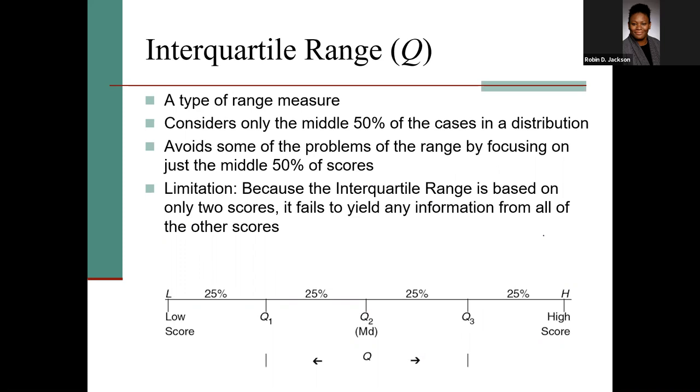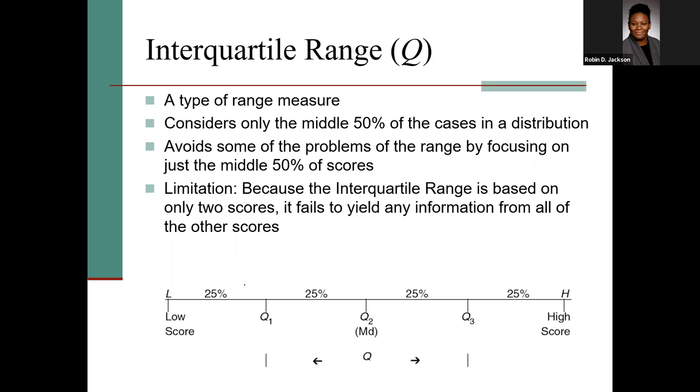Okay, so interquartile range, basically, it's a measure of range that divides the data set into quartiles, and that's what we have going on here. We have these different quartiles that section off the data set. Interquartile range is identified by Q when we are doing the calculations.